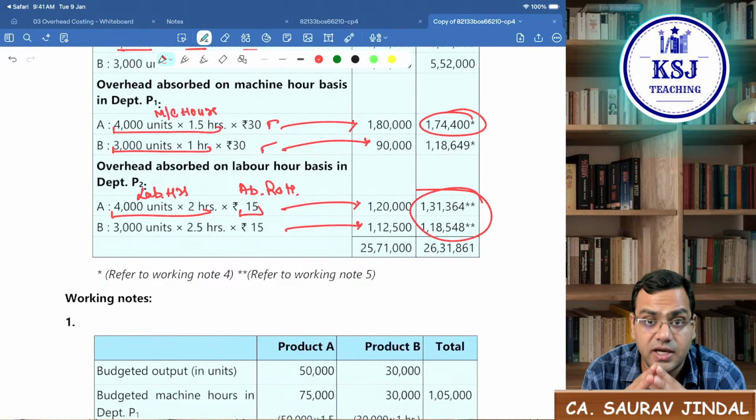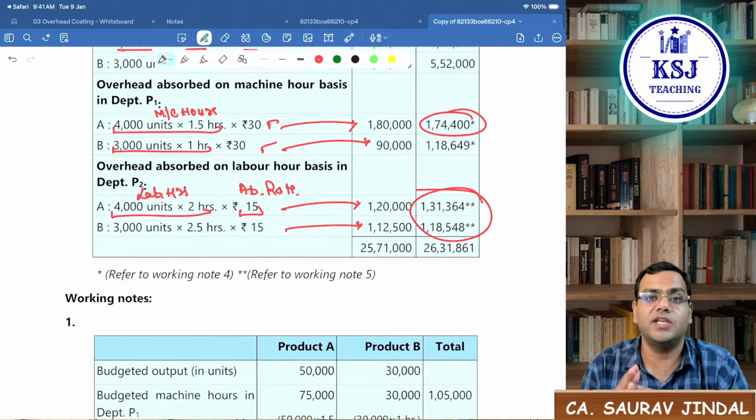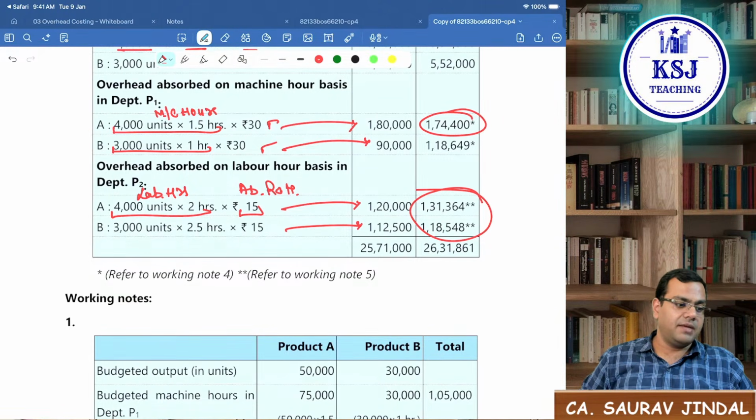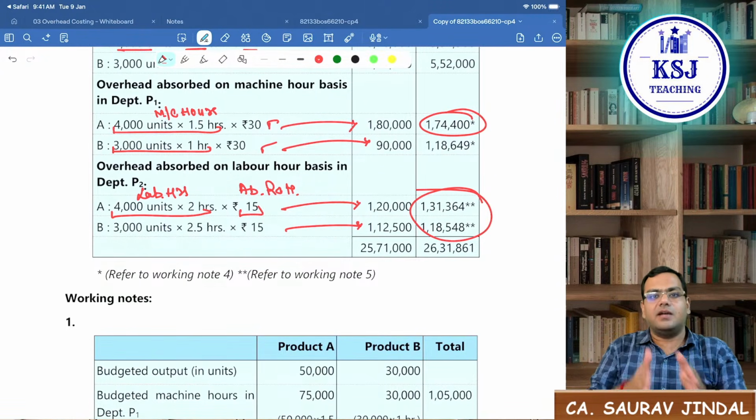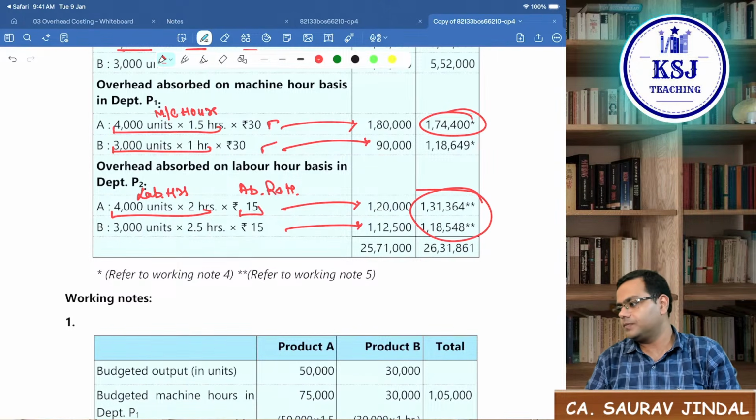Because for the actuals, the cost of the production department as well as the service department were given, and service department cost we can never take. So we have to first distribute the cost of service department amongst the production departments, as we did in the first part. Calculated the absorption rate, then distributed it between product A and product B.